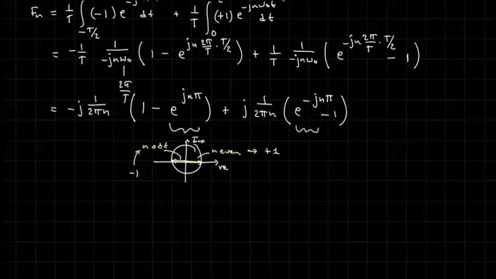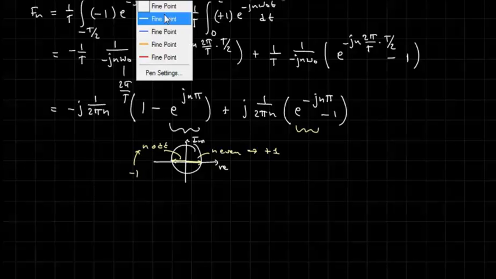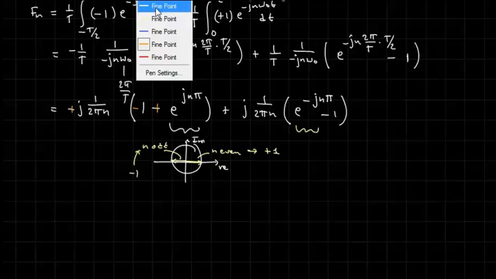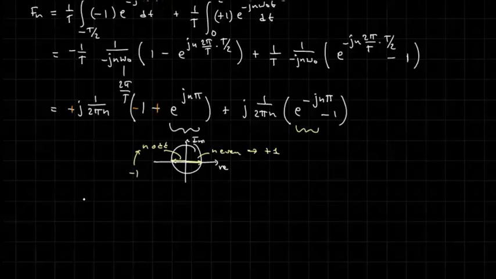So we can write that as, actually, let's do this. We'll make this plus, we'll make this minus, and then we can combine. We'll go 1 over 2 pi n j.